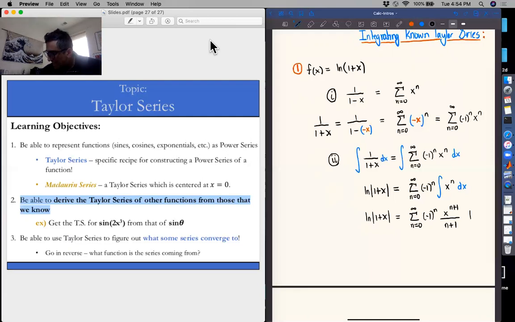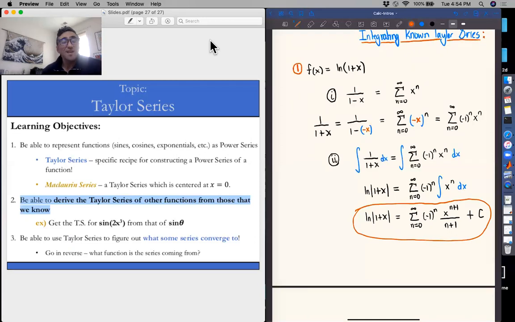And because this was an indefinite integral, we add plus c. And this is how we can get a power series or Taylor series representation for the ln of 1 plus x. We just had to be a little bit clever about what function we were integrating in order to get that function we cared about.